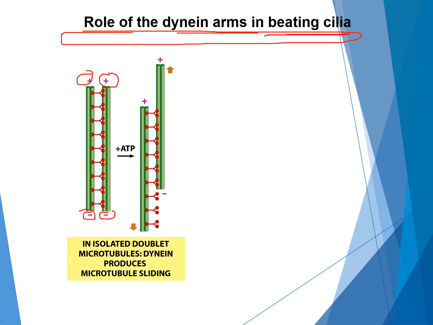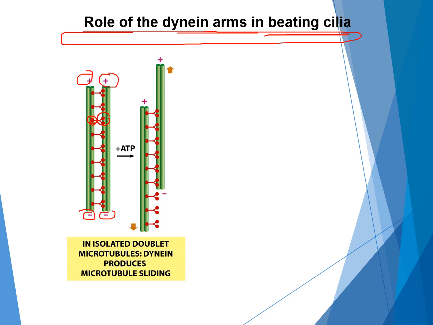All right, attached to it is the fixed attachment of dynein head, and the motor head is the one actually attached to the other strand of microtubule. Okay, A and B microtubule.